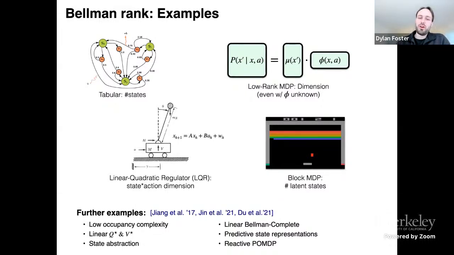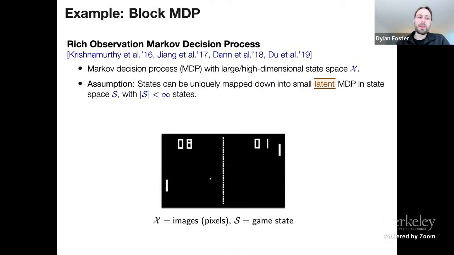One that I want to focus on is what's called the block MDP. The block MDP is a model that's trying to capture how we can do sample efficient learning when we have rich observations. The setup is, I have a large high dimensional state space, but we assume these states can be uniquely mapped down into a small unobserved latent state space that is responsible for determining the dynamics.